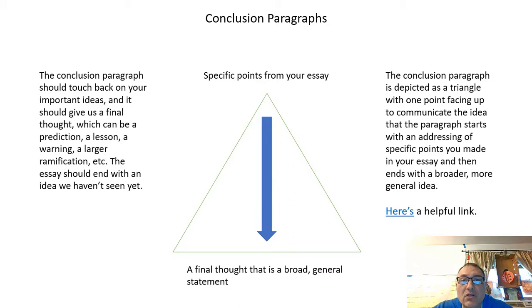The conclusion paragraph can be thought of as kind of a mirror image. The triangle here has a point facing up, and that's to communicate that we start off with a specific point, and then the paragraph gradually moves towards a more broad general statement, a more broad general concept about something at the end of the essay.